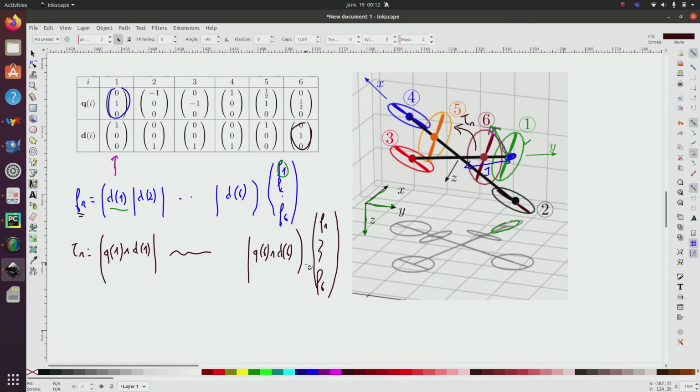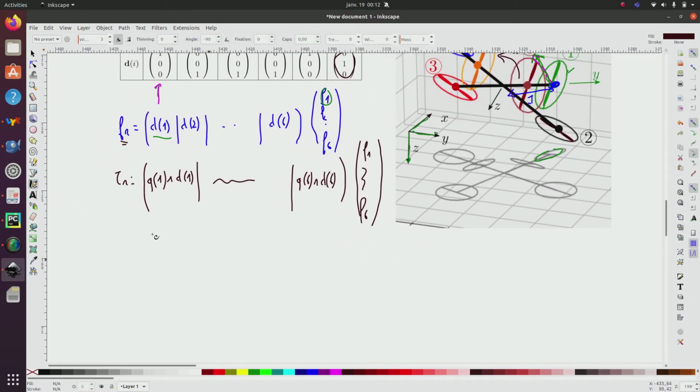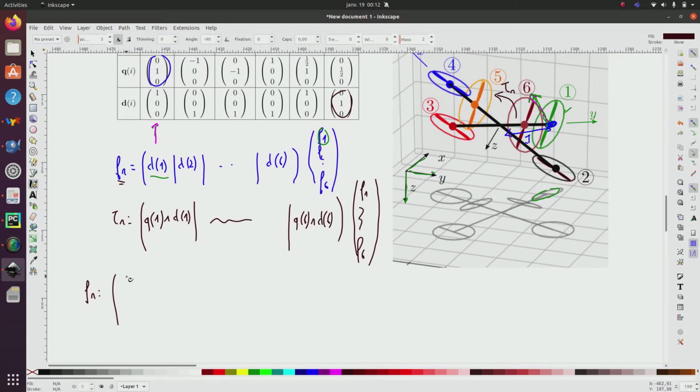So if I compute all this, I will be able to write something like this. Fr equal to, so here I will rewrite what I have in the table: 1, 0, 0 due to this, 0, 0, 1, and so on, 0, 1, 0, multiplied by f1 to f6.